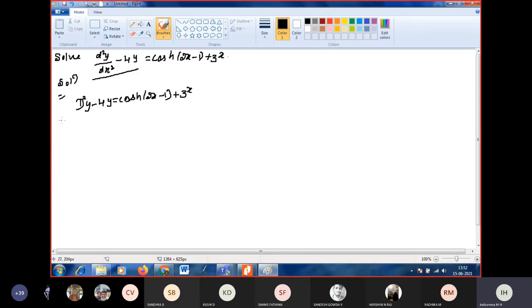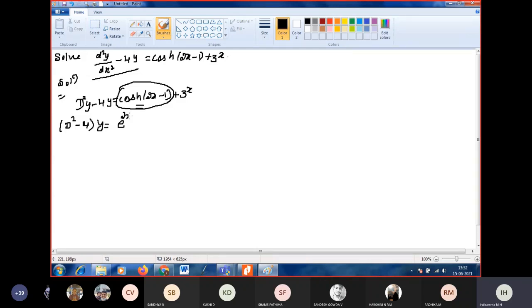Now we can take y common. This is the next step. Take y common: d square minus 4 into y. As we know from the previous problem, hyperbolic in terms of exponential, cos hx is e power x.